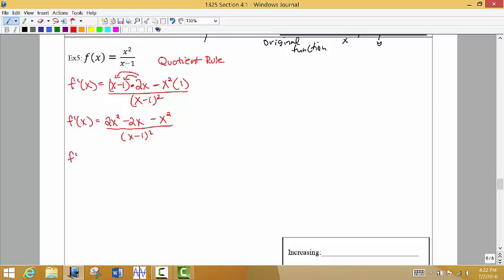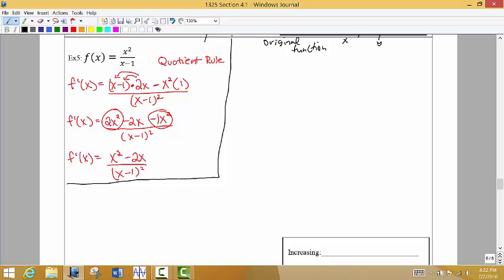And I'm going to do one last little simplification here. 2x squared minus x squared equals 1x squared. If I combine these like terms, I just get x squared. And then my minus 2x is going to come down. Okay, so this is my first derivative that I am going to work with.